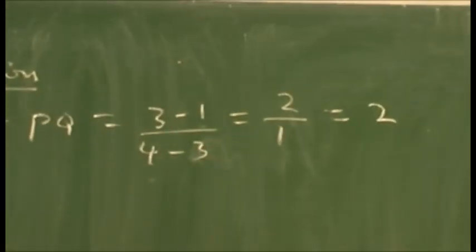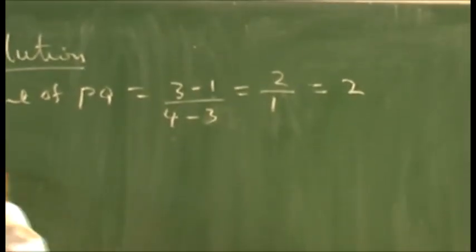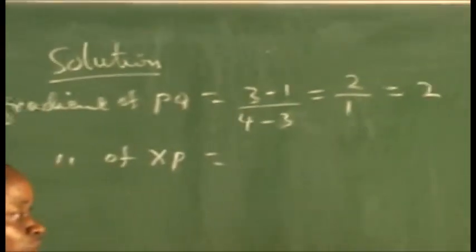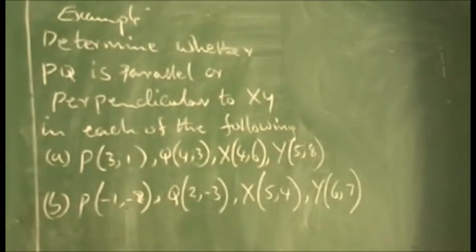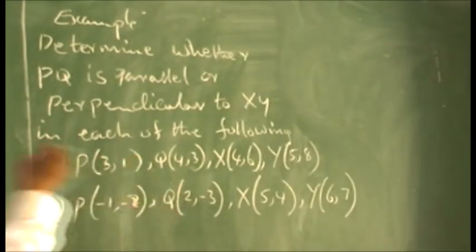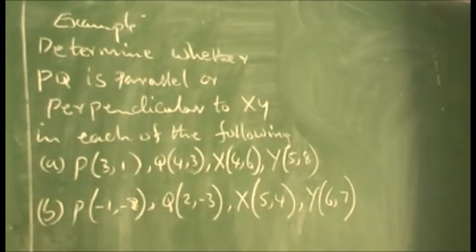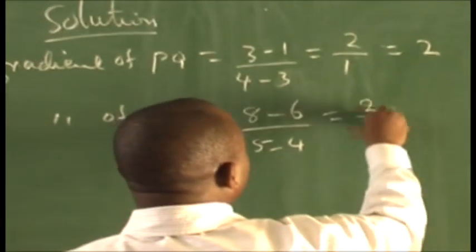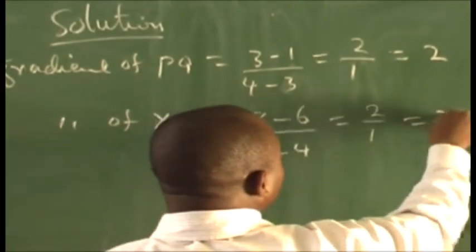Now, that is the gradient of PQ. We also take the gradient of XY. Gradient of XY, we have y2, which is 8, minus y1, which is 6, all over x2, which is 5, minus x1, which is 4. So we have 2 all over 1, which is also 2.